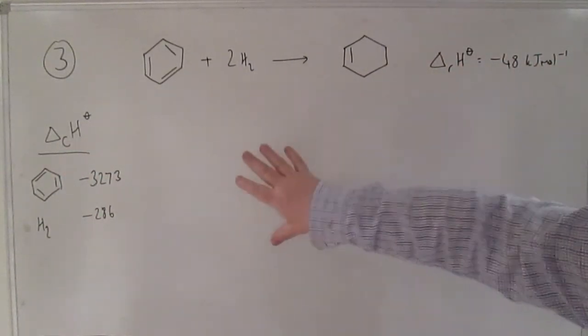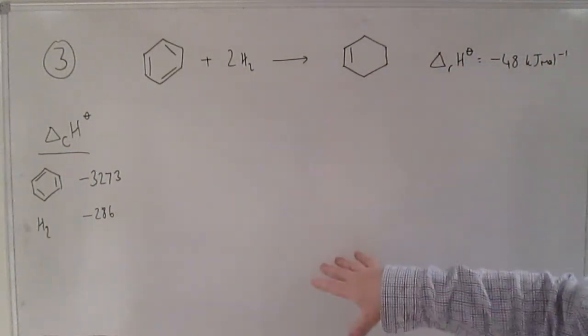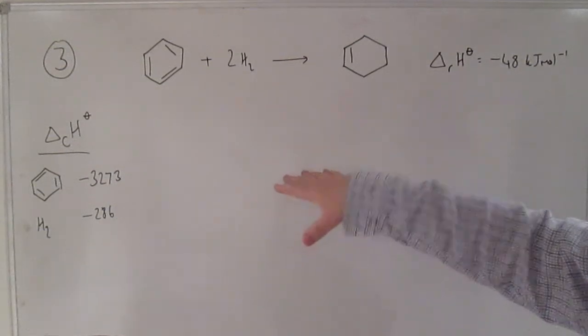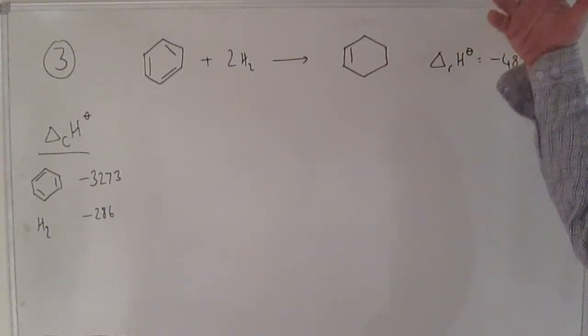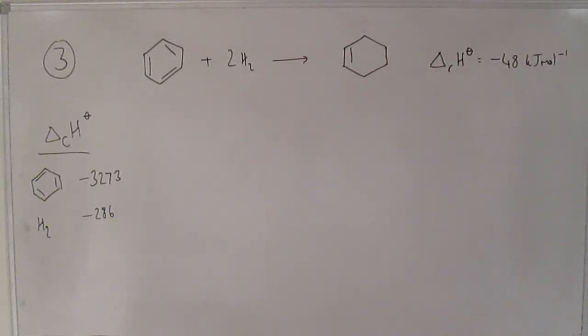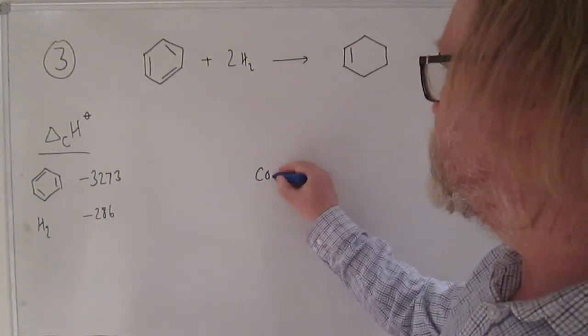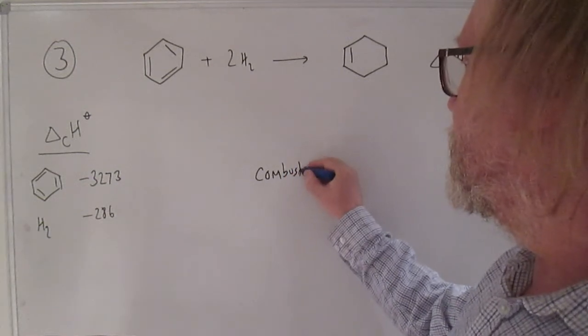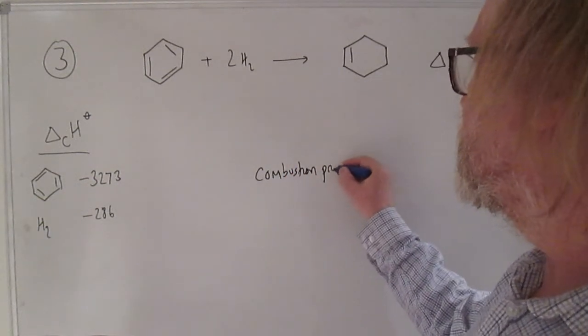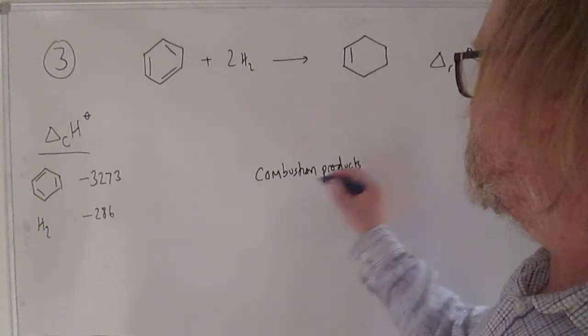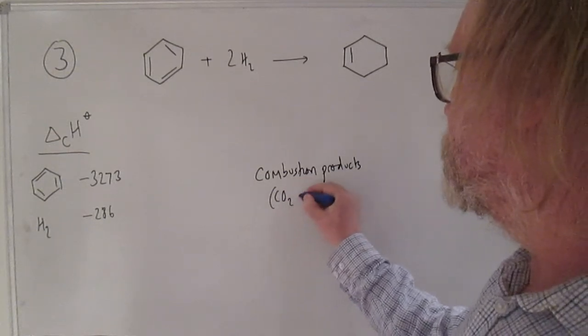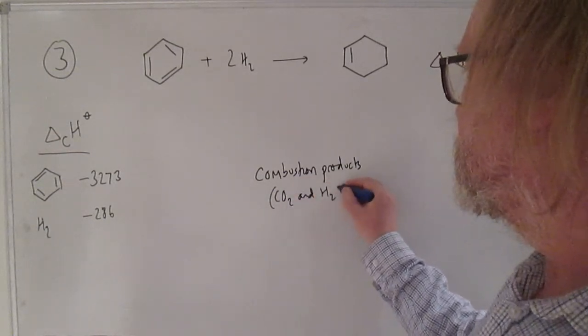So you don't put elements at the bottom, you only put elements at the bottom of the cycle if it's enthalpy changes of formation that you're using. If it's enthalpy changes of combustion, as it is here, then you put the combustion products at the bottom of the cycle, which would mean CO2 and water.